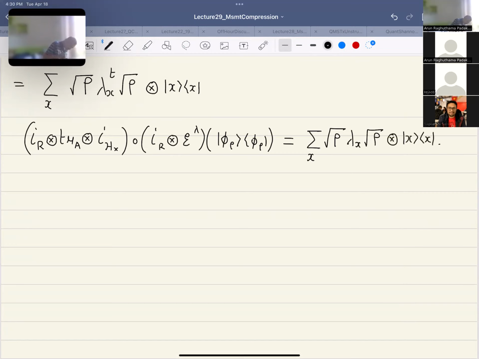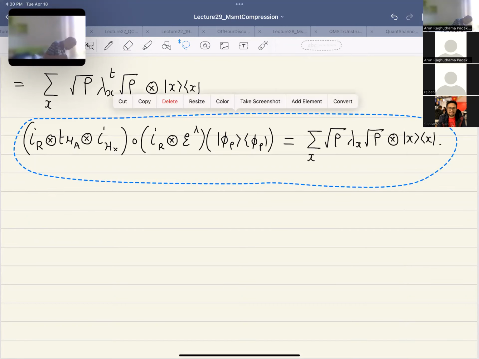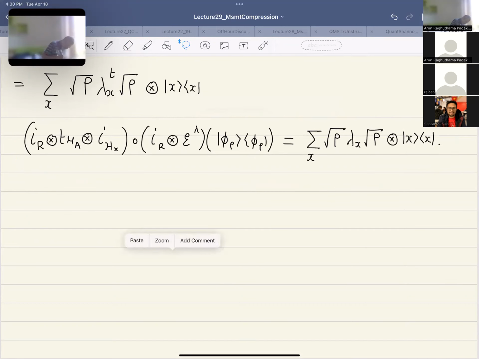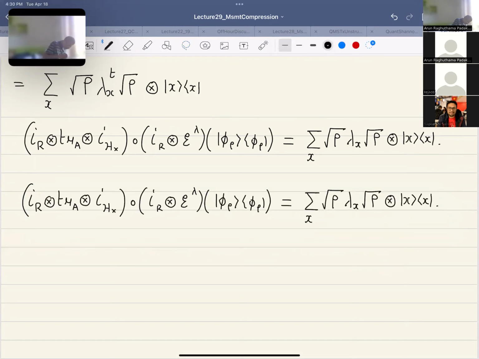So I'm going to go one step ahead and I will say that if I do rho tensor n here, I get rho tensor n here.